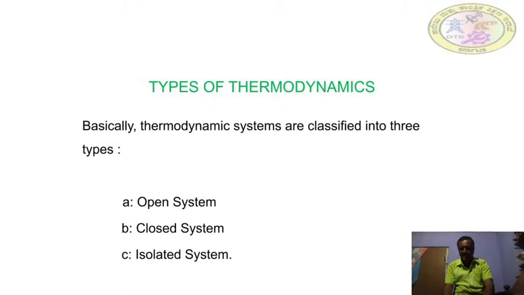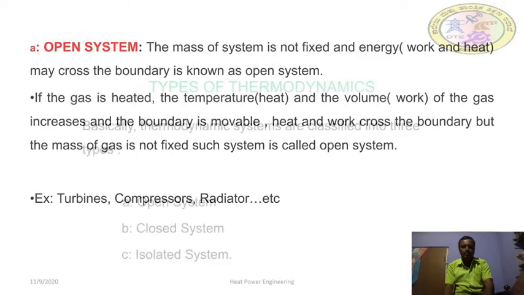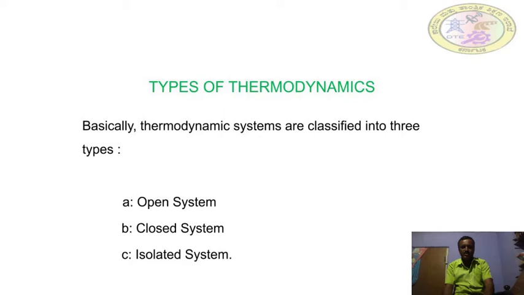The subject content delivered in today's session are types of thermodynamic systems: open system, closed system and isolated system with their respective examples, a simple understanding table for types of thermodynamic system, and also some important units that are to be used in thermodynamic system.